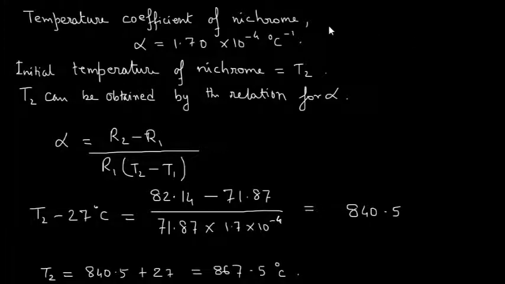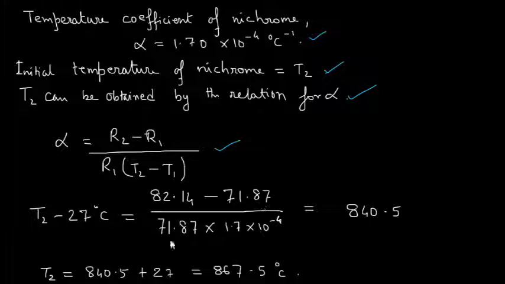So temperature coefficient of nichrome, that is alpha, is equal to 1.7 into 10 to the minus 4 per degree centigrade. Initial temperature of nichrome is T1, and T2 can be obtained by the relation for alpha. Alpha is equal to R2 minus R1 upon R1 bracket T2 minus T1.